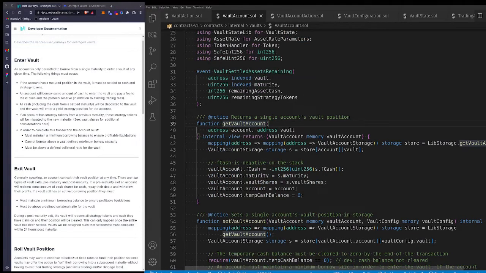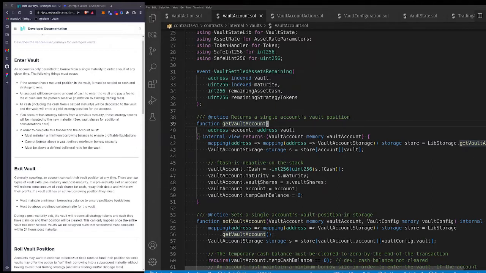Each vault account is defined by an account and a vault. Note that all vault accounts exist in isolation from all other vault positions and normal Notional lending and borrowing. So this has its own storage slot that exists in isolation.